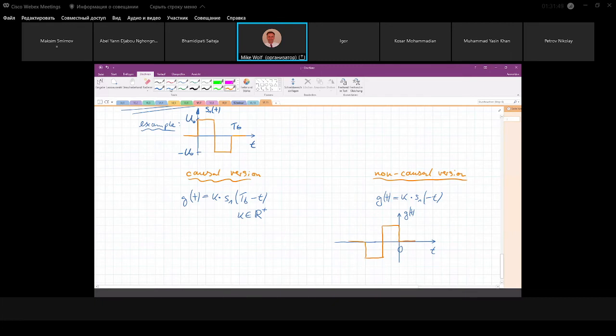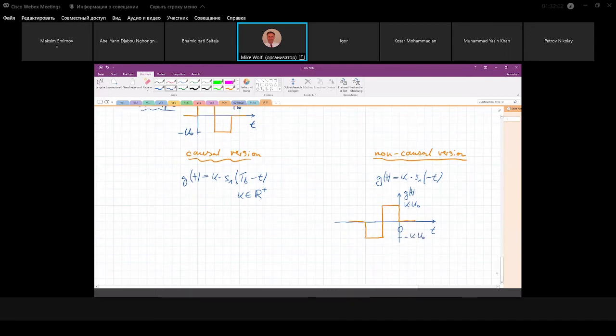And then we could write here, if this is u naught, we could simply write this is k times u naught. We have to find the correct k. But let's discuss this later. So this would be the impulse response. In this case, the impulse response would look like this, but we shift this to the right.